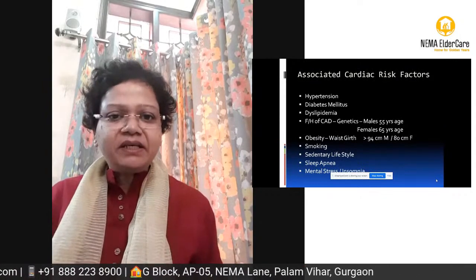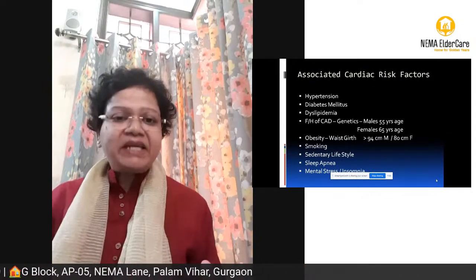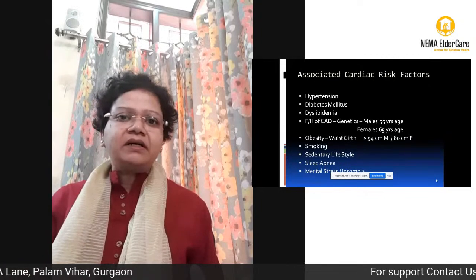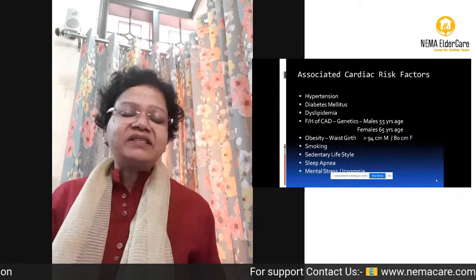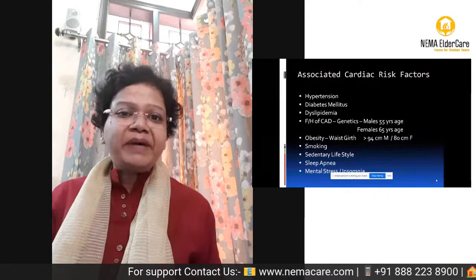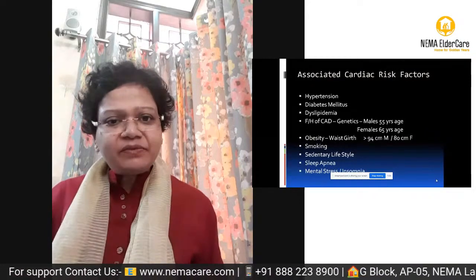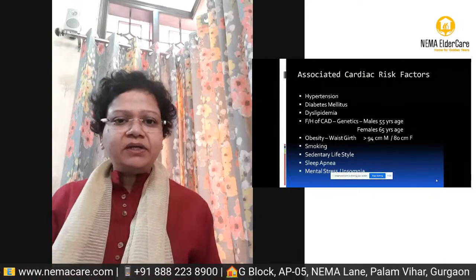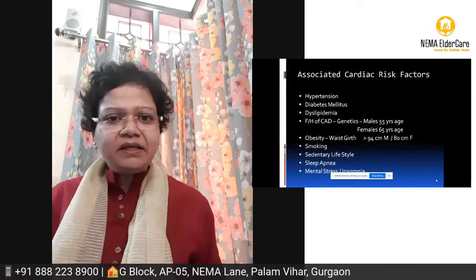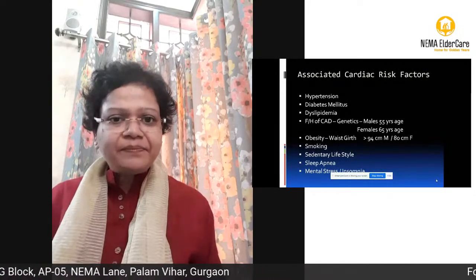Next is obesity. Okay, weight gain, mainly abdominal girth, means the size of your abdomen, your belly. The belly fat is the worst fat in your body. So take care of that. Don't let obesity set in.